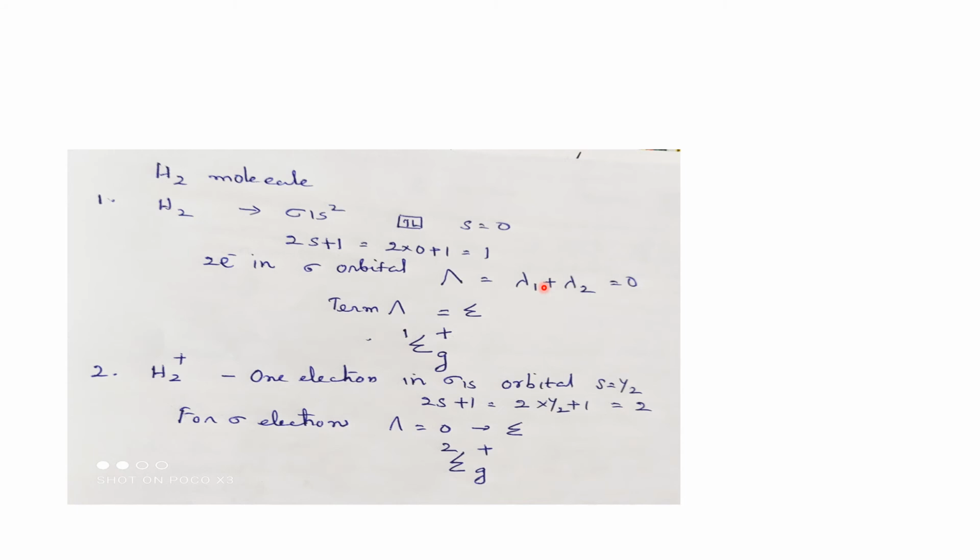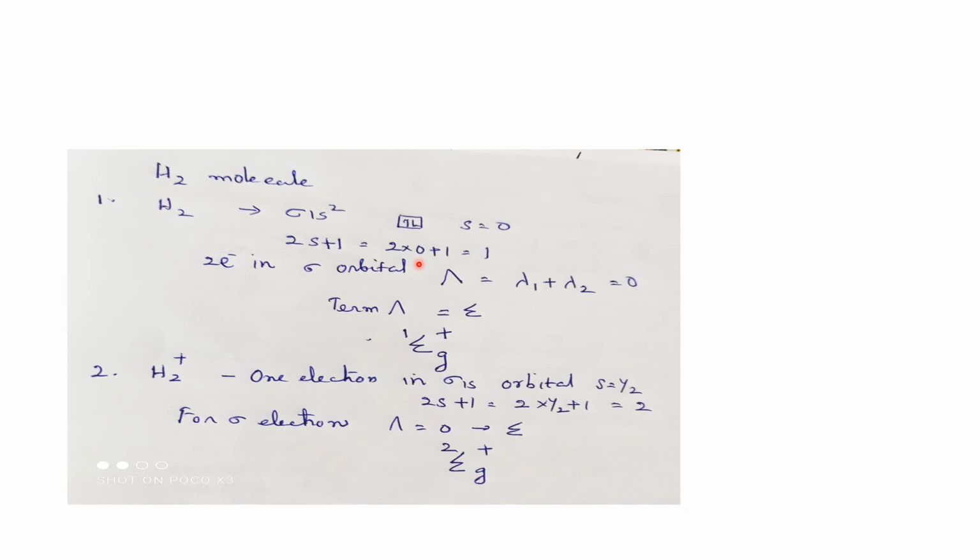In this case, this contains 2 electrons, therefore 2 into 0, that is equal to 0. Then find out the value of multiplicity, that is 2S plus 1. Since it contains 2 electrons, S is equal to 0. Therefore 2S plus 1 is 2 into 0 plus 1, that is 1.